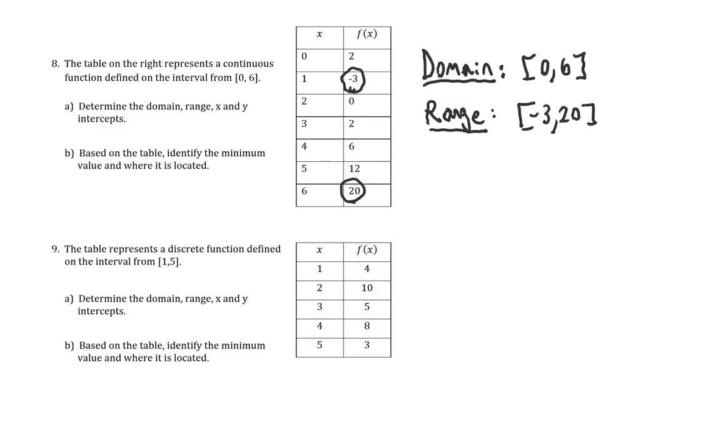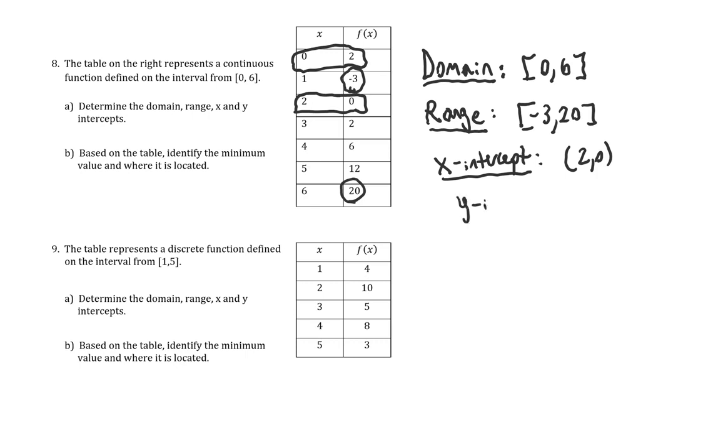X-intercepts would be places where the y value or the function value is 0. So this is our x-intercept right here. So that's 2, 0. That's a point, not an interval. And then our y-intercepts occur when the x value is 0. So that's 0, 2 is our y-intercept.